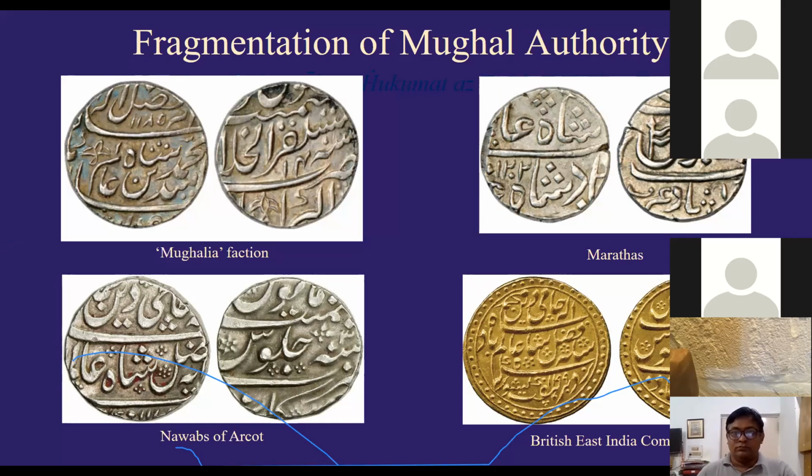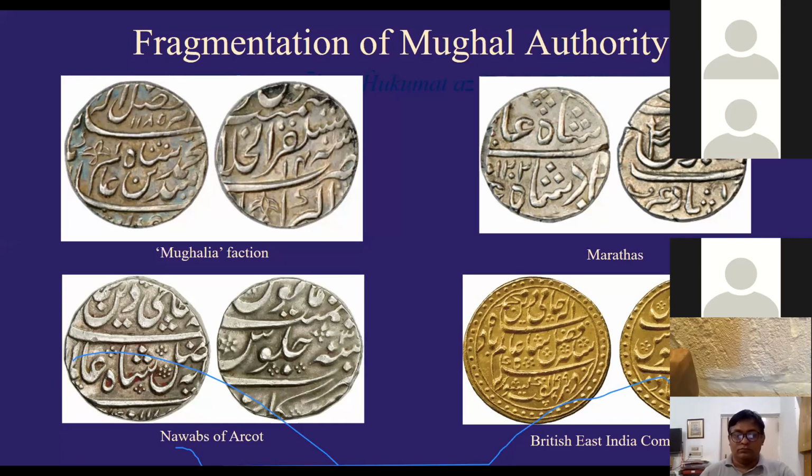And these are 4 examples of coins all struck in the name of Shah Alam II, who had practically no power. Very famously it is said his name was Shah Alam, but his rule extended from Delhi to Palam. That was the classic metaphor, a saying that goes for his power.